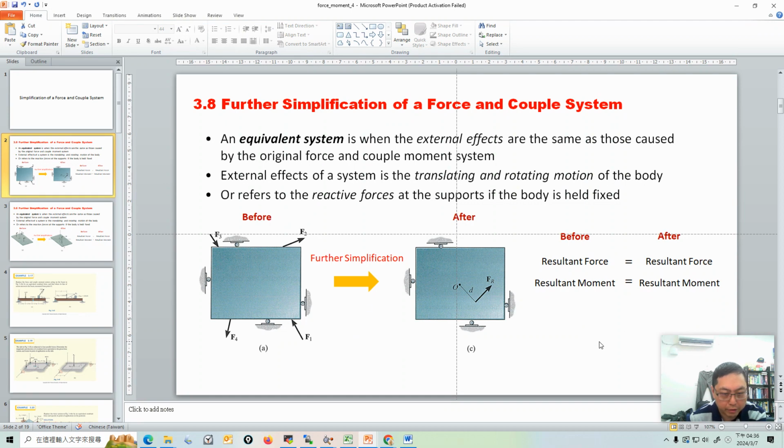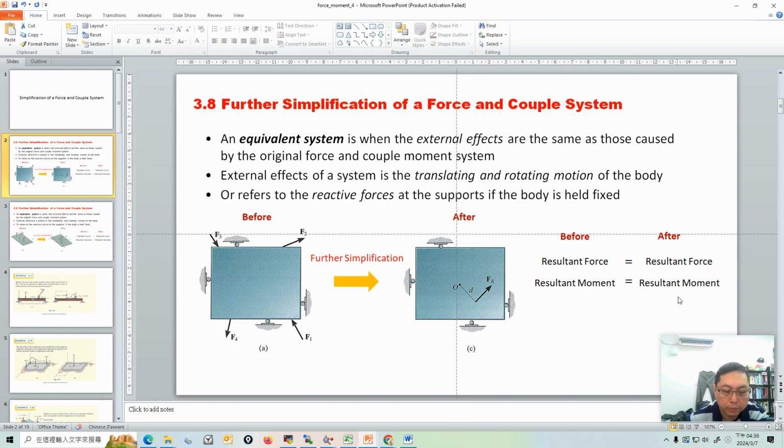How to do the simplification? Before simplification and after simplification, your resulting force must be the same, and your resulting moment before simplification and after simplification must also be the same. This is the way we do the simplification calculation.